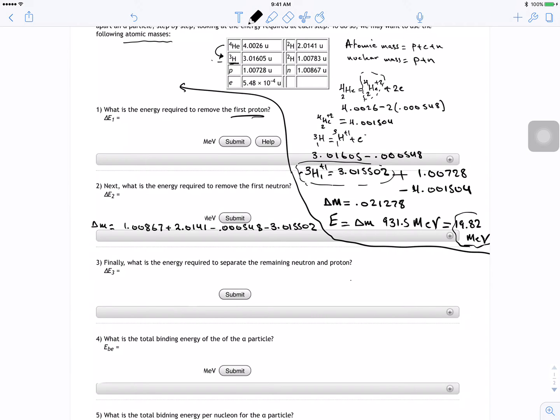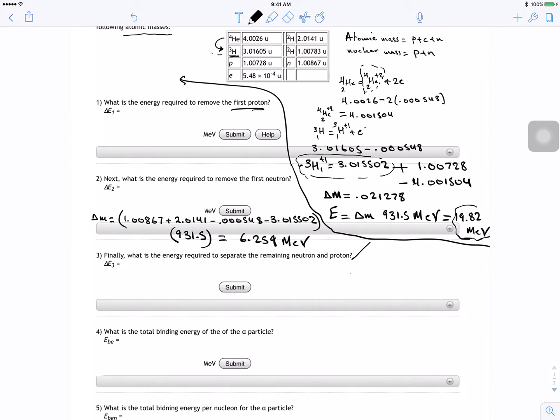After you find that mass, you multiply it times 931.5, and this equals 6.259 MeV.